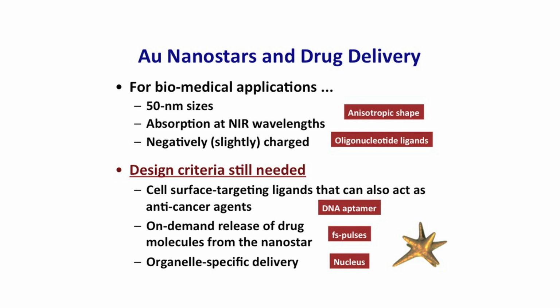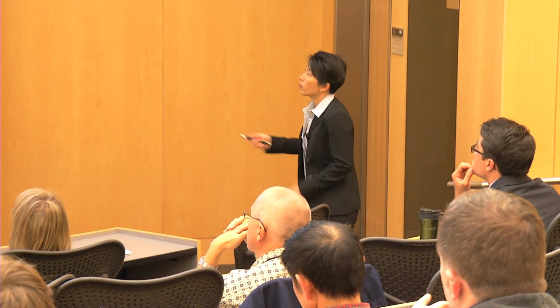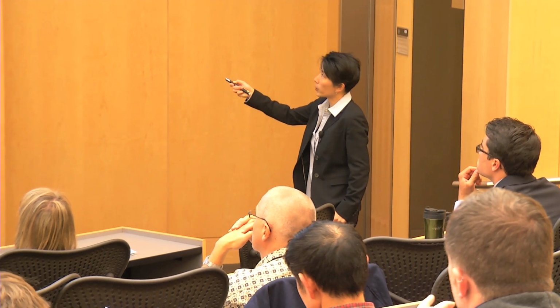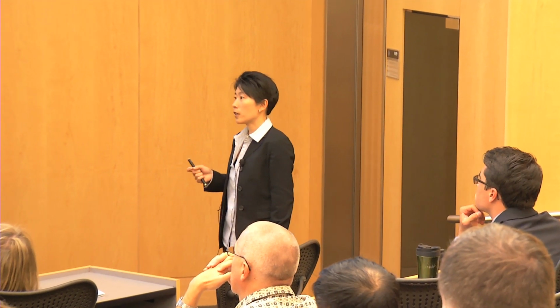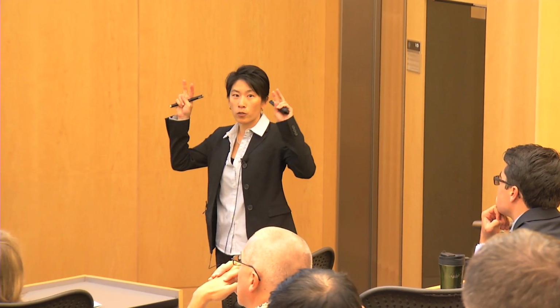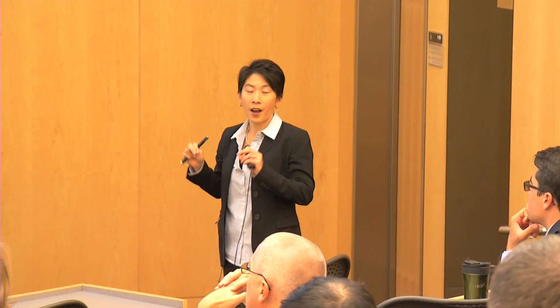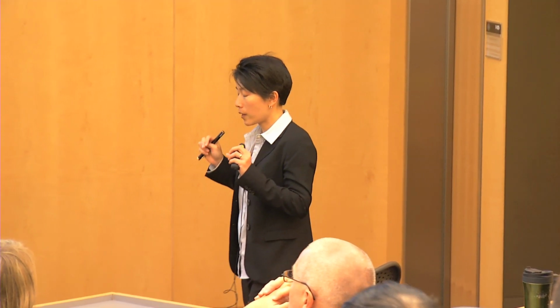But as a physical scientist, we're interested in designing things with optimized properties. And so we have sort of a dream list of things that we'd like. So the first thing is that we would like to have cell surface targeting ligands that can also act as anti-cancer agents. So we're not interested in making what I call Christmas tree nanoparticles.